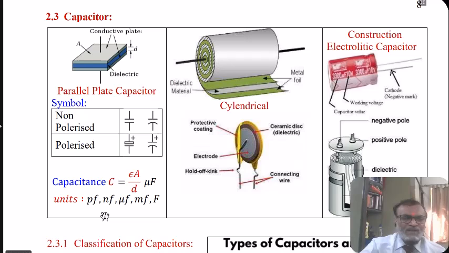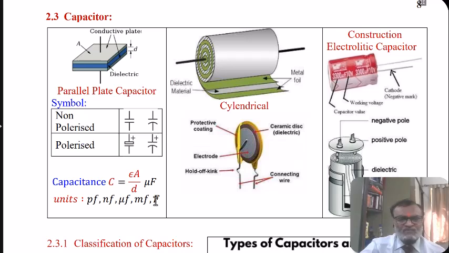Farad is a very big unit, whereas smaller units like picofarad, nanofarad, microfarad, millifarad can be used. Millifarad and farads, these units are mostly not useful for practical applications because these are very big units.